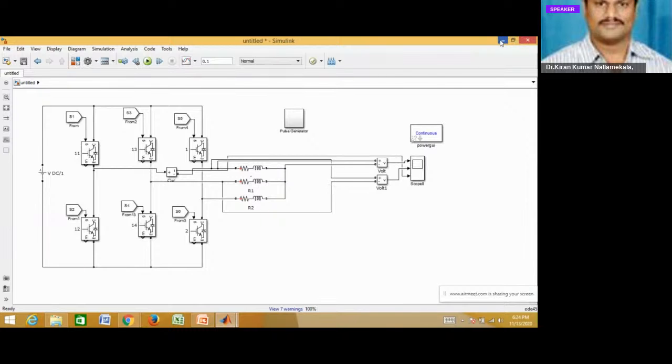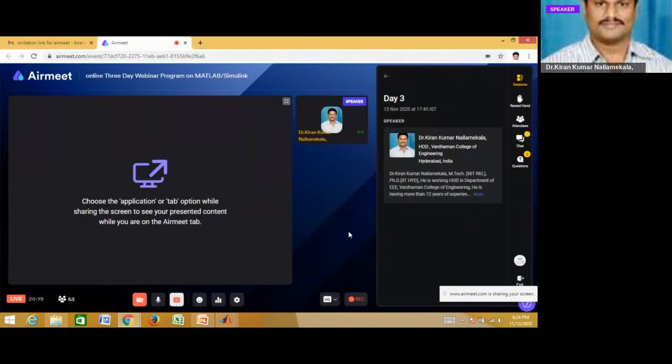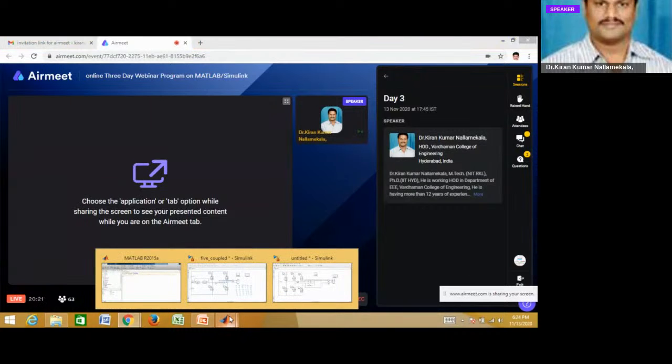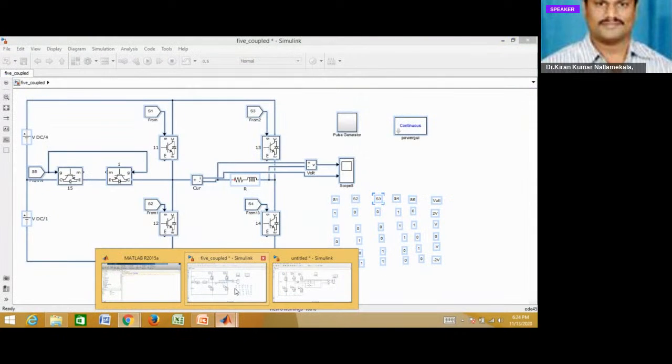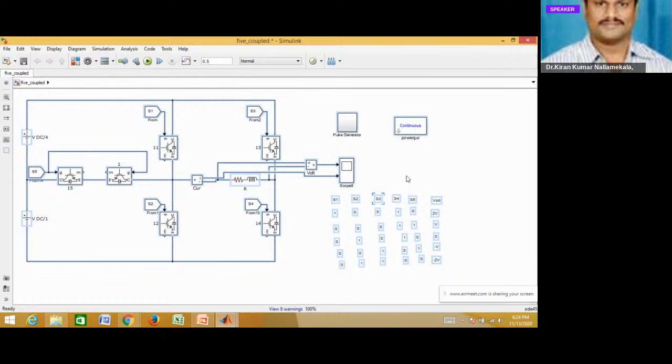Okay, this is the basic block, and you may be knowing about it, but the next step we are going to do is simulation of single phase 3-level inverter.